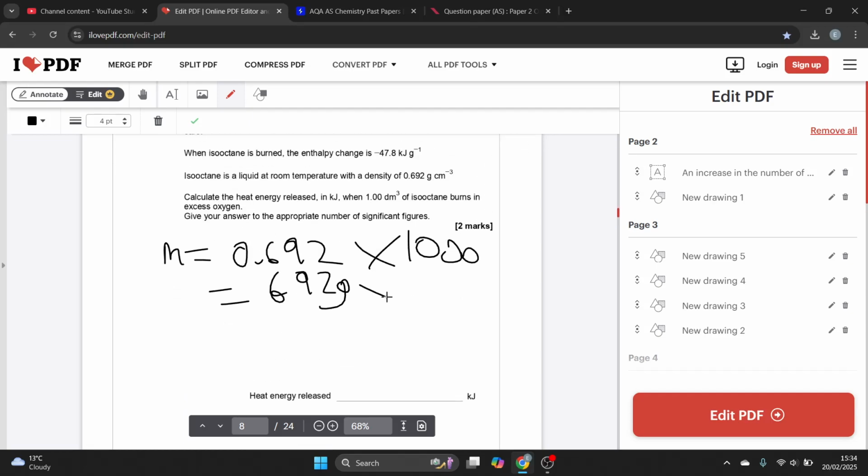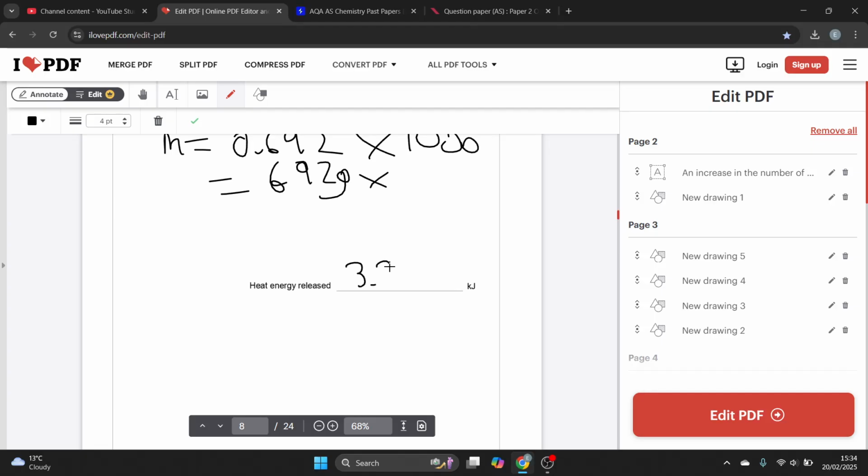So then do that times by the enthalpy change, for example, and you should get 3.31 times 10 to the power 4 kilojoules.